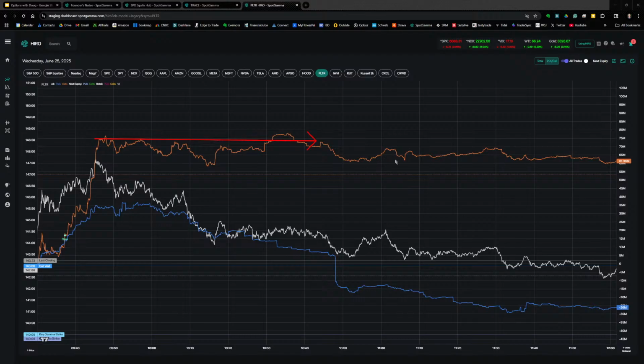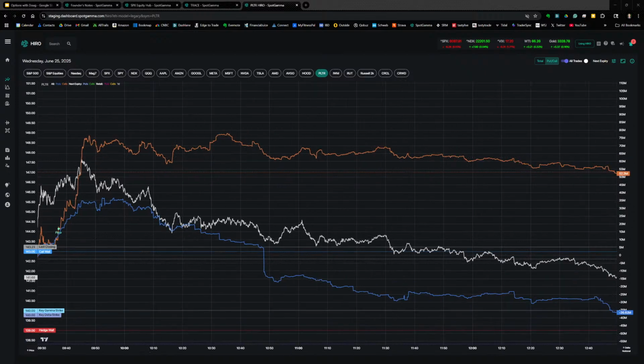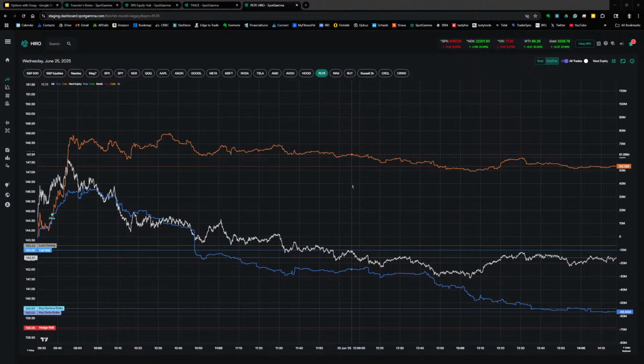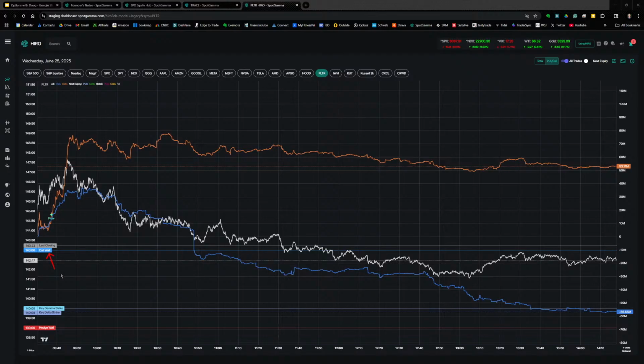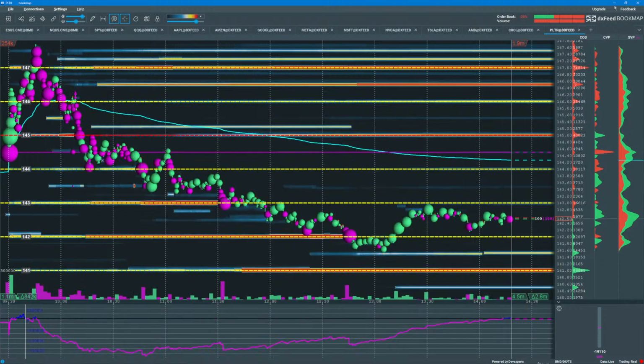So the call buyers have taken the foot off the gas, and then they have started buying puts. And Palantir moving lower. All right, so now the put buyers driving Palantir lower, down below the 143 call wall. Next level down, 140 key gamma strike, then below that 139 hedge wall. So now it looks like Palantir is trading down below that 143 call wall.